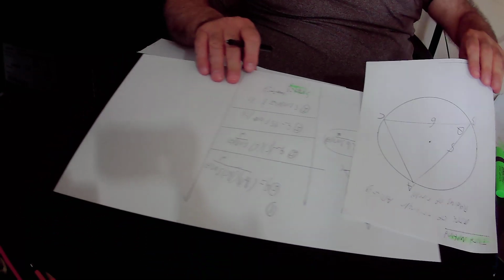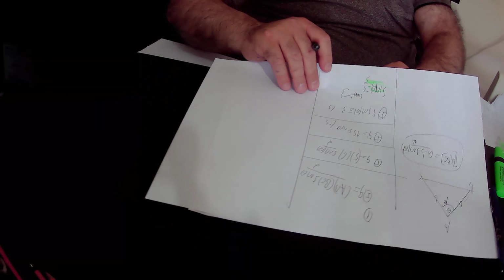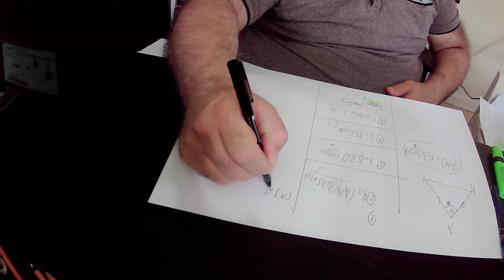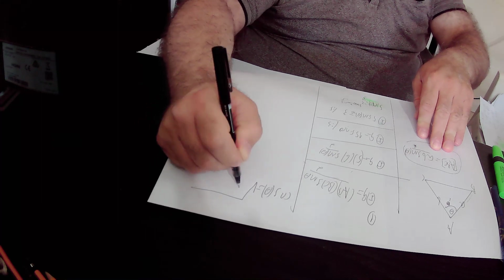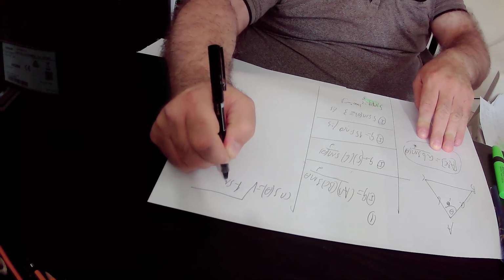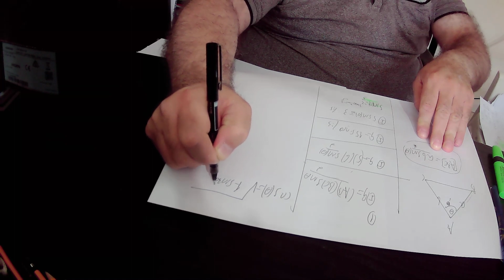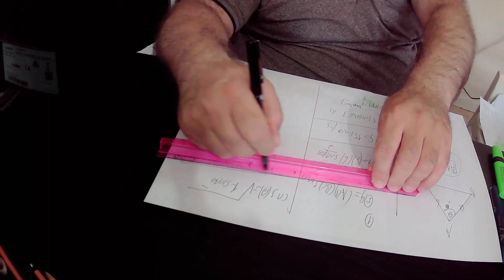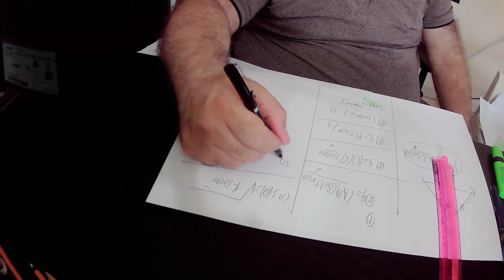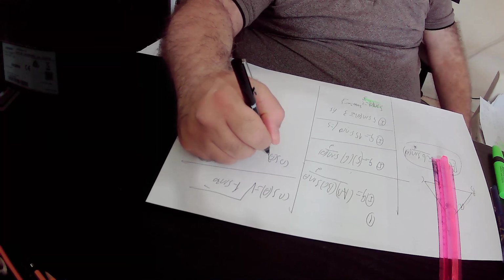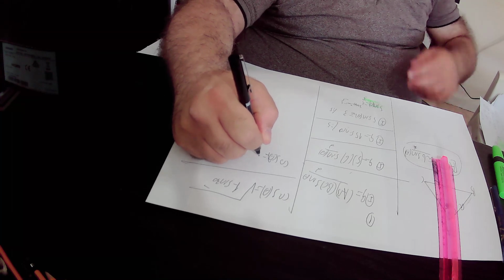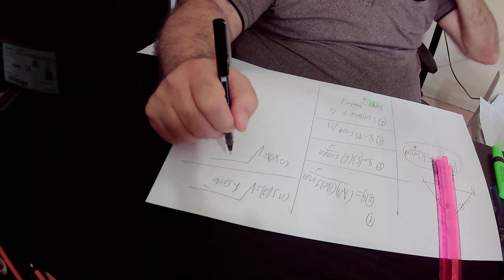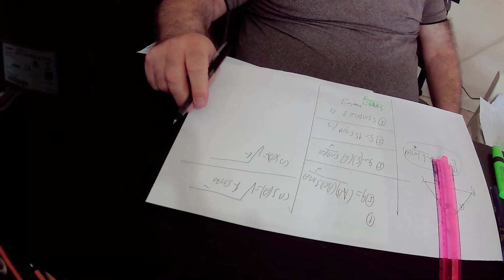We actually have the trigonometric identity that cosine theta equals the square root of 1 minus sine squared theta.